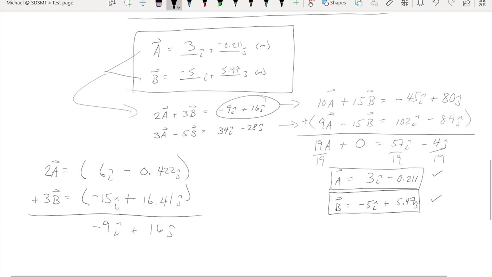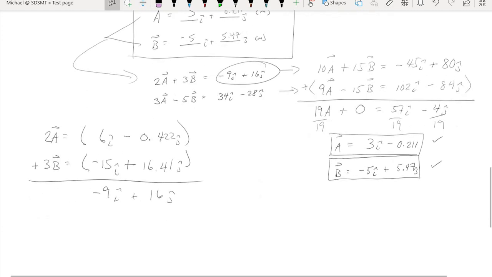If I had carried out those decimal values even further, I would have gotten even closer to the correct value of 16 here. But I'm only off about 1/100th of a decimal point there, and so I am in fact getting the correct outcome for the first combination of those vectors.